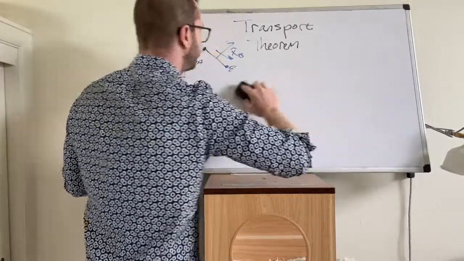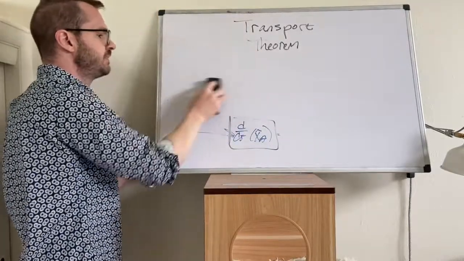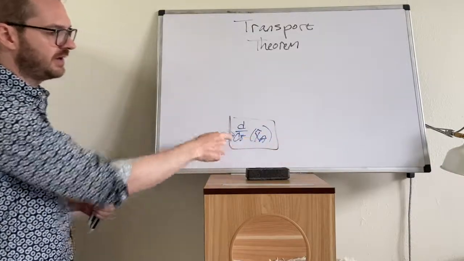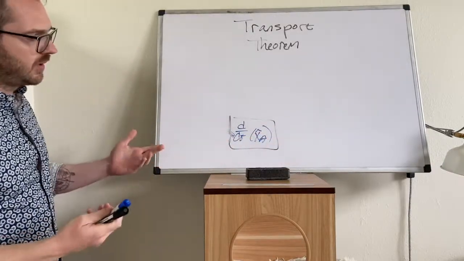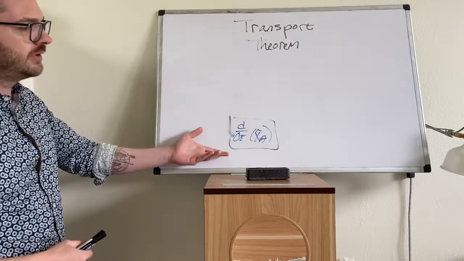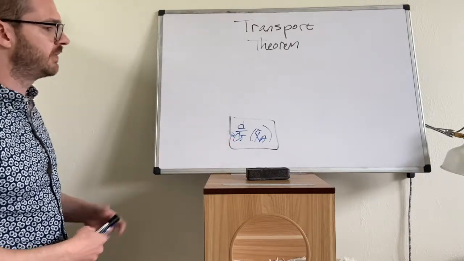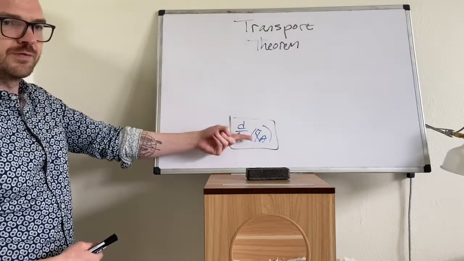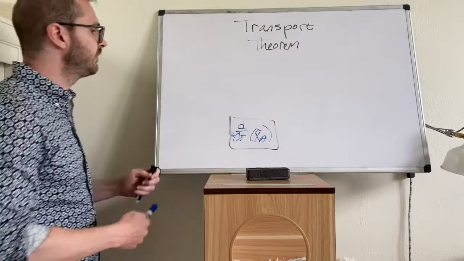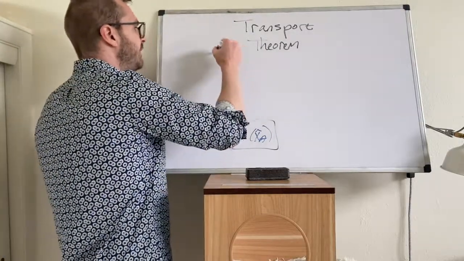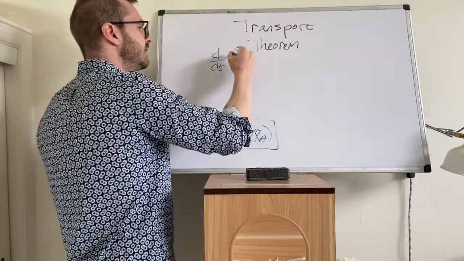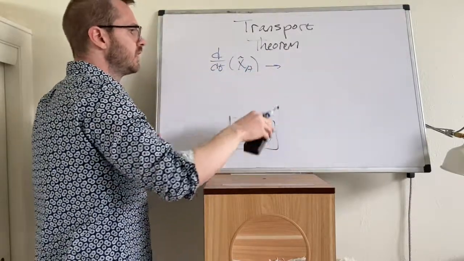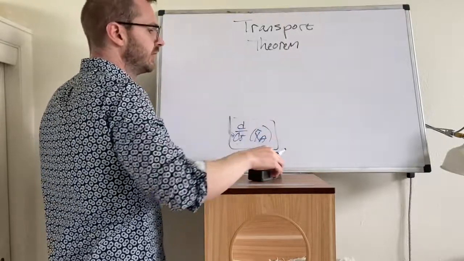The claim with transport theorem is that anytime you see ddt of a frame, and it honestly doesn't have to be a moving frame, we could apply transport theorem to a non-moving frame and you get zero anyway. But anytime you see ddt of this frame, we can replace this. Let me actually back up so we can see an example of it.